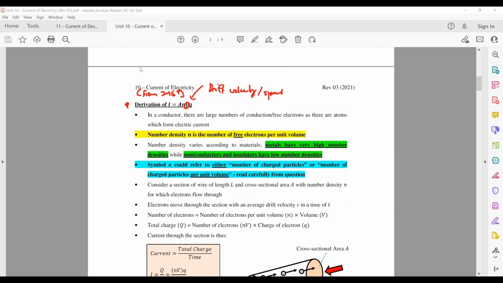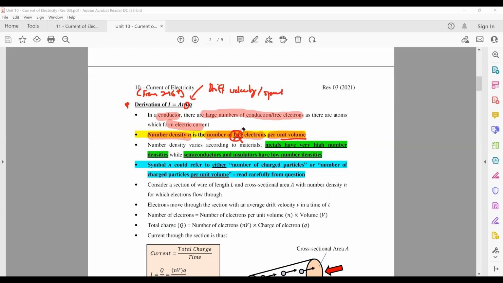Now, in any conductor, there will always be a large number of conduction electrons or free electrons, as there are atoms, which form your electric current. Now, number density n is the number of free electrons per unit volume. Okay, so when we ask you to define number density, always remember that number density is number of free electrons per unit volume. If you define number density as just number of electrons per unit volume, this one is not accurate.